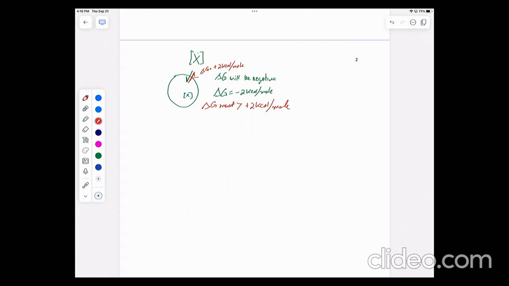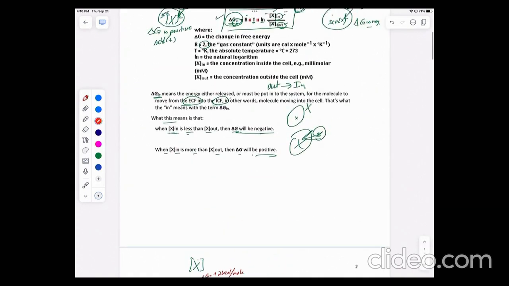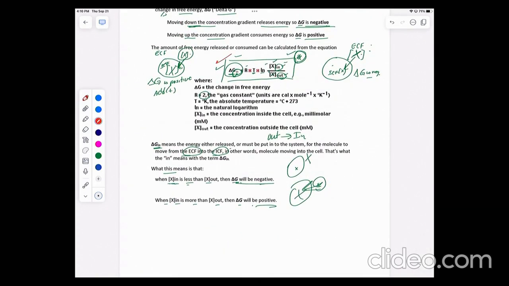So if I were to show you this system here, give you the values of the X's outside to inside, and then ask you how much energy it would take to make this X here leave the cell, the first thing you're going to do is calculate the Gibbs free energy of the system, and you're going to get that number there from this equation here.